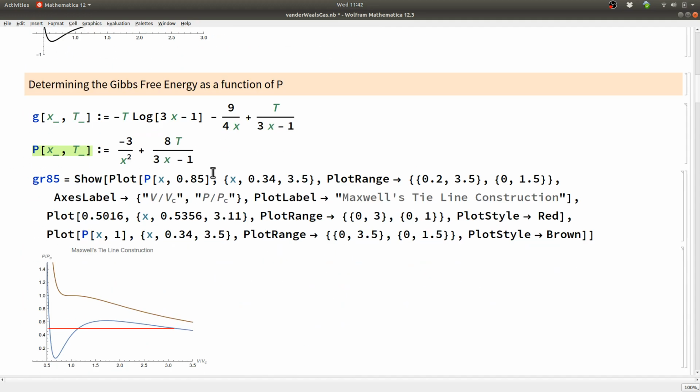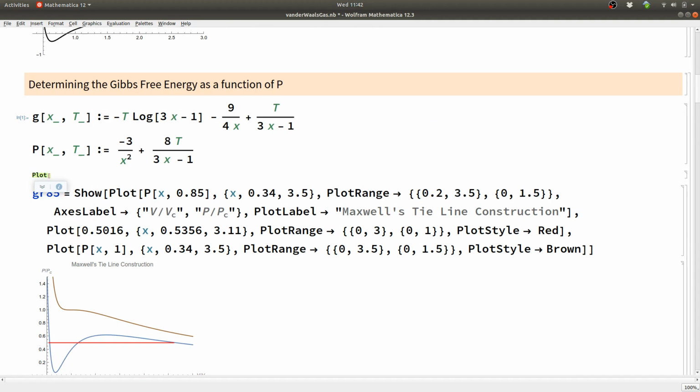If I say plot T of X and say temperature below 1, which would be say 0.85, X from 0, don't ask me what these numbers are, 3, 4, 2, 3.5.